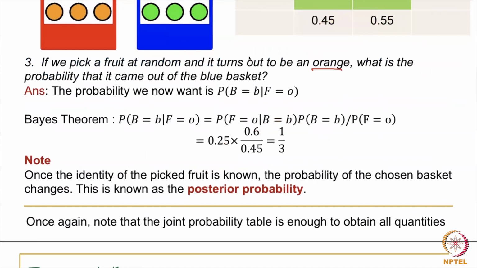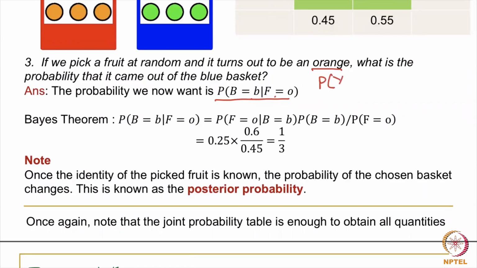So this probability is now what we are going to calculate. This is the conditional probability that the basket is blue, given that the fruit is an orange. Let's calculate that right now. This is basically a straightforward application of Bayes rule. I'm of course making this more explicit.